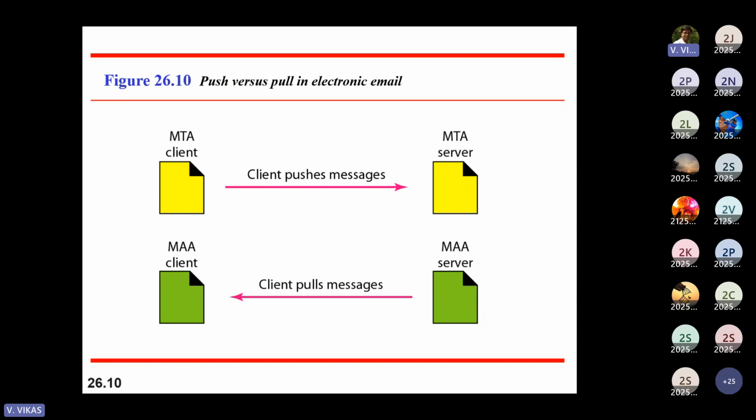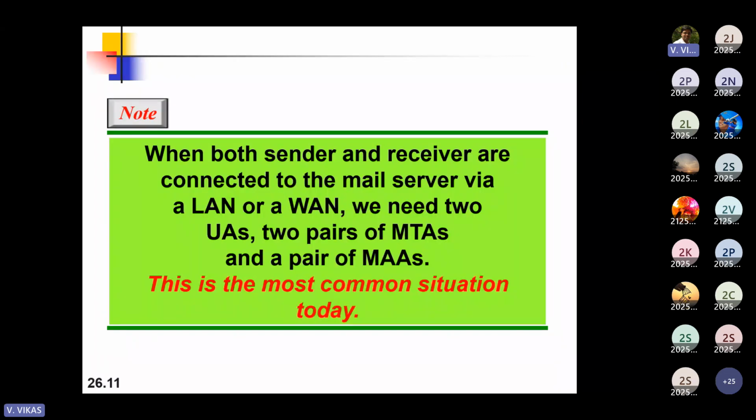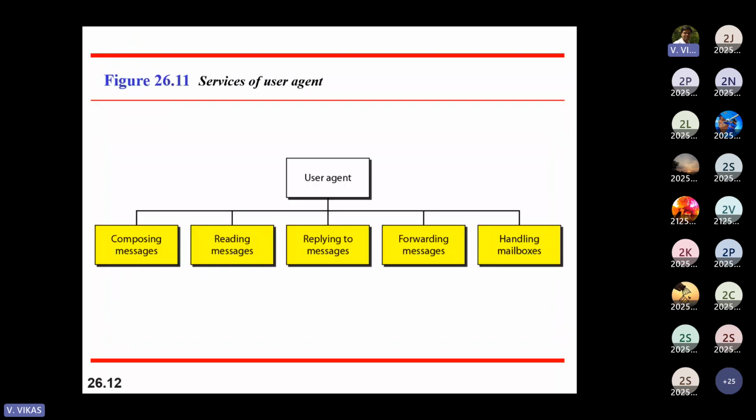But in the case of our desktop or laptop, we cannot keep those things alive and active 24/7. So we are going with the MTA client instead of an MTA server. So in the last case, we require two user agents, two pairs of MTAs and a pair of MAAs. This is the most common situation which we are seeing today.